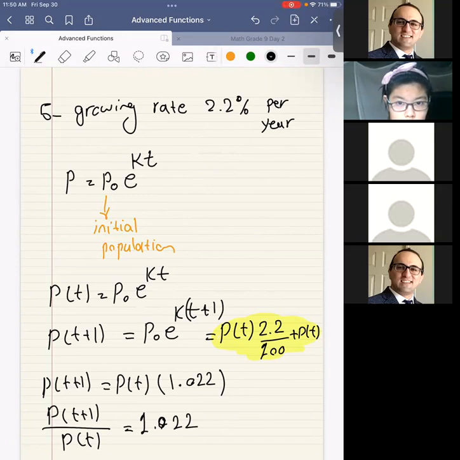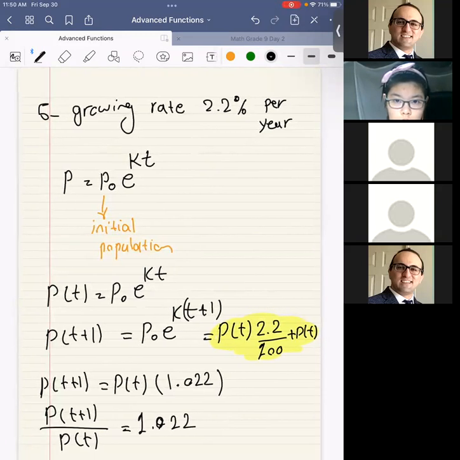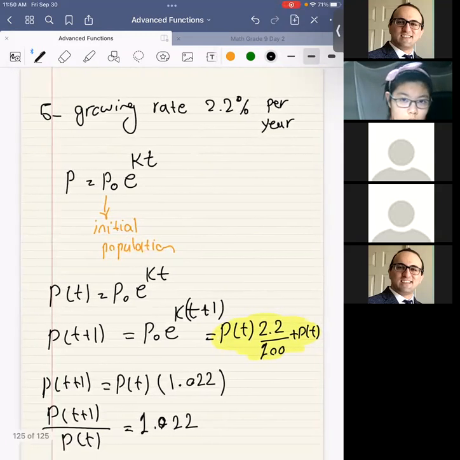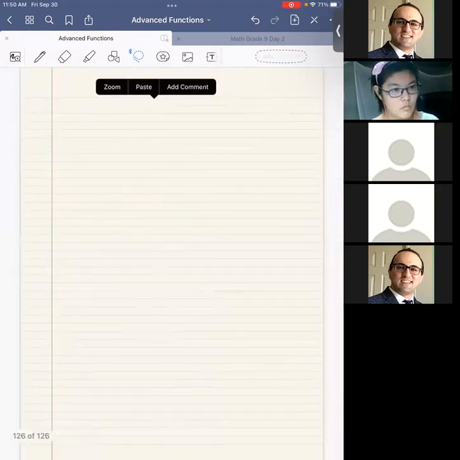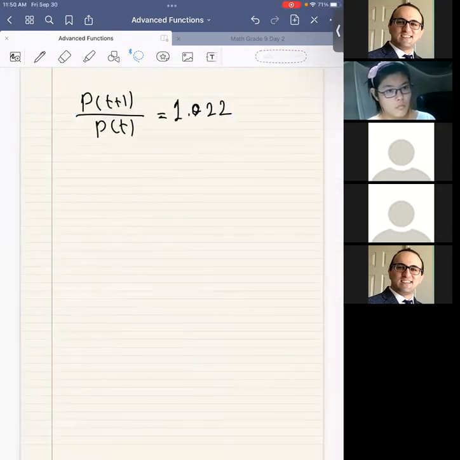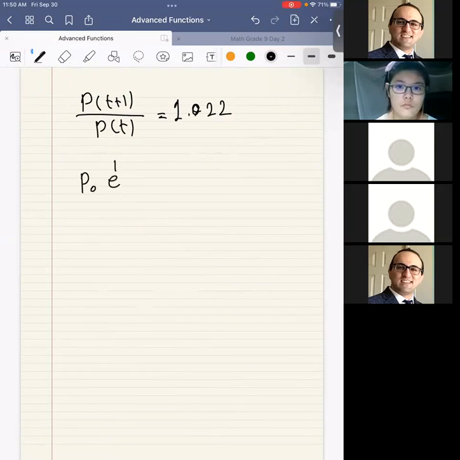Because we know that P of T plus 1 is P0 e to the power K times T plus 1. So let me just copy this and go to the next page. P of t plus 1, I just use the equation to write it. It's P0 e to the power k times t plus 1.